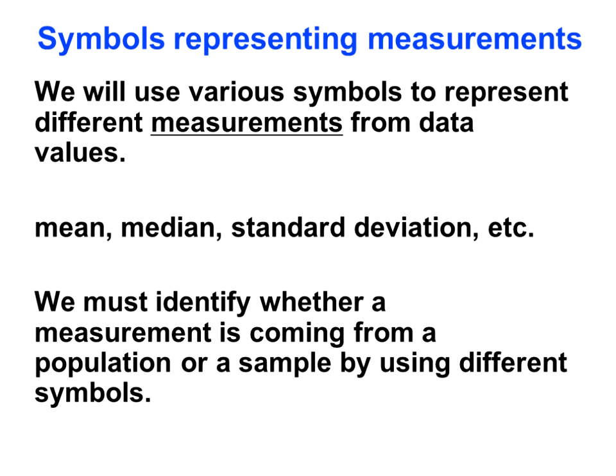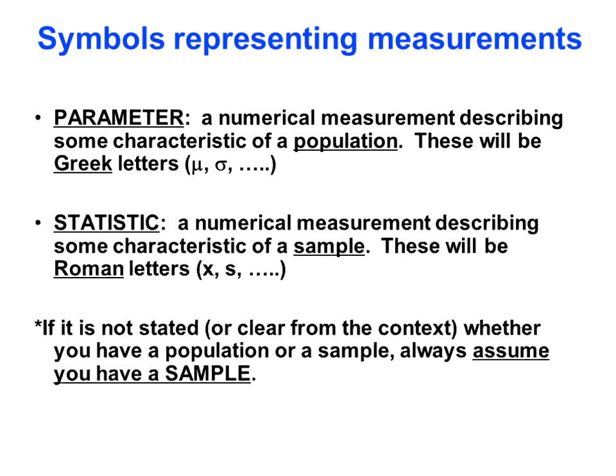So this is what I'm looking at. If your measurement is coming from the population, then it's called a parameter. And parameters are Greek letters.